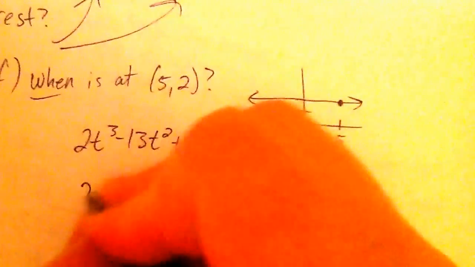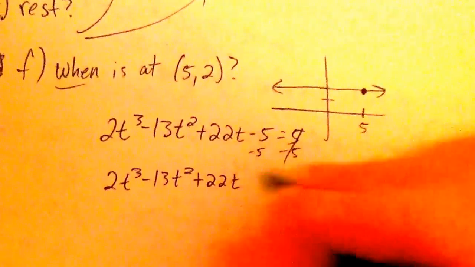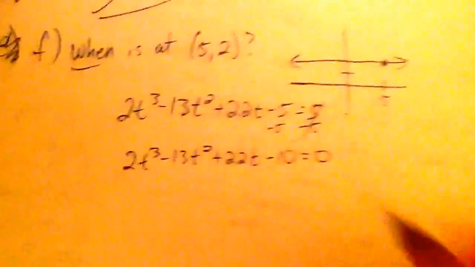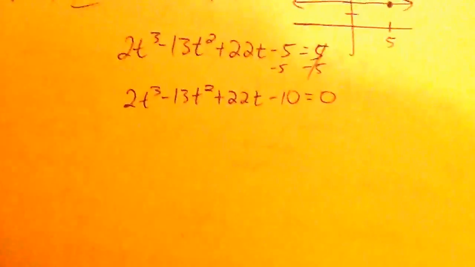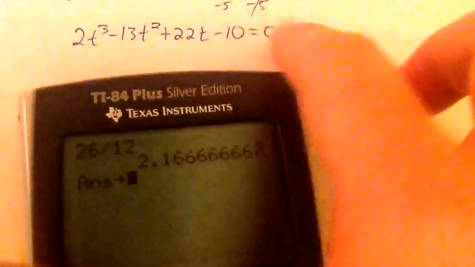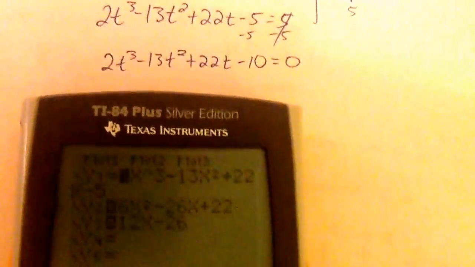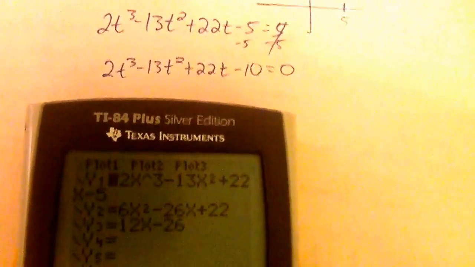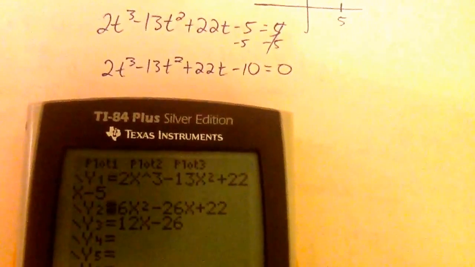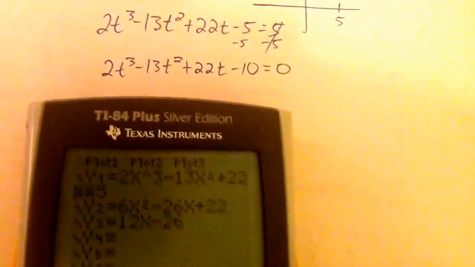So you got that whole thing minus 10 equals 0. And now solve that for t, which you can use your calculator for. Since it's equal to 0, just graph that and find the zeros. So if we graph it, I'll shut those off, and I'll just edit my old one to say minus 10.